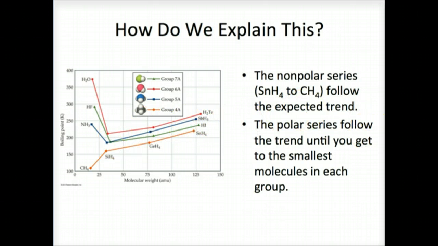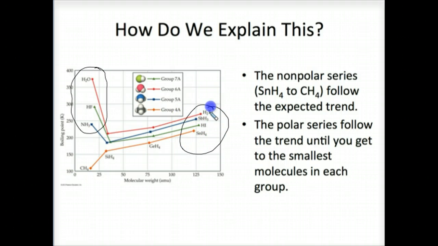Now, what's significant, however, is that these three, water, hydrogen fluoride, and ammonia, do something more. By nature of this pattern, it looks like they should be down here just above CH4. Instead, they're way up here, and in fact, you see this dip in boiling point before it rises again.